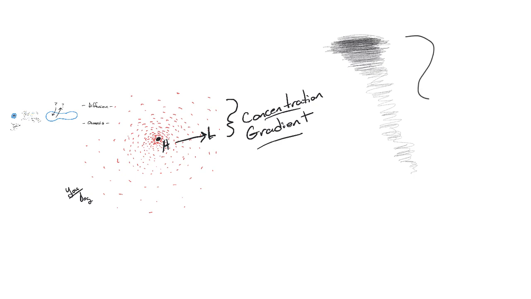This is called a gradient. It's going from darkest to lightest, right? Does that make sense? So that's what the word gradient means. The word gradient means to go from dark to light.